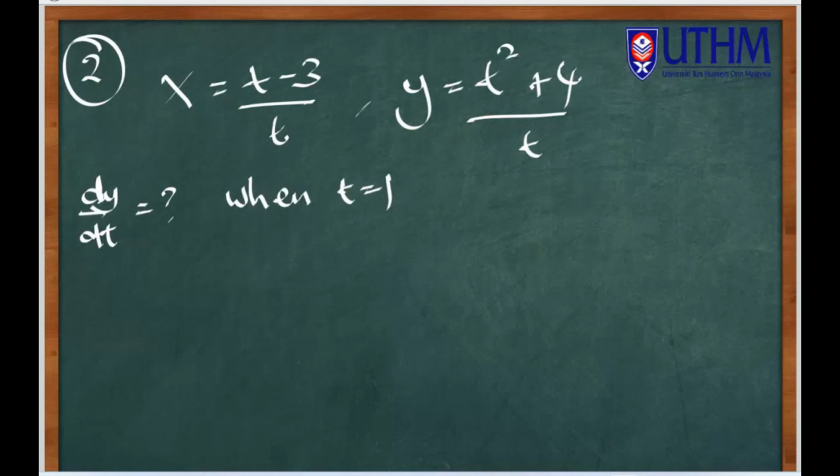Again, we have to find dx over dt. So now we have x equal to t minus 3 over t.